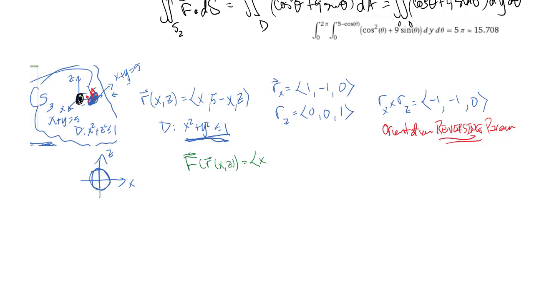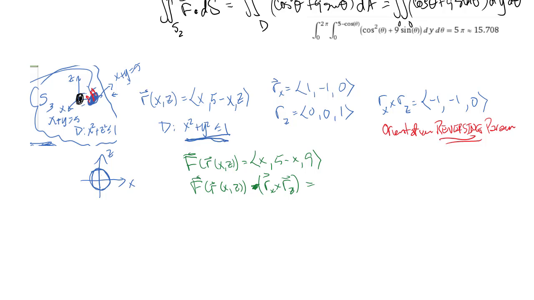So the x is equal to x, the y is equal to 5 minus x, and the z was just equal to 9. And so now let's take the dot product of this vector that we just found dotted with Rx cross Rz, our orientation reversing parameterization.